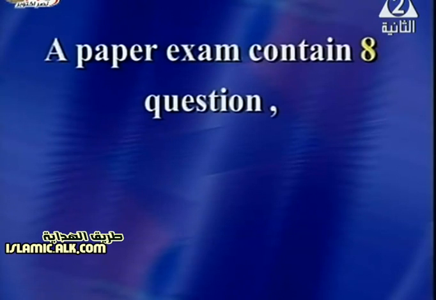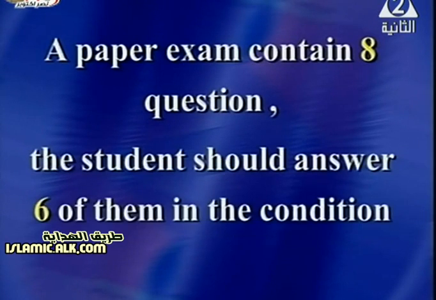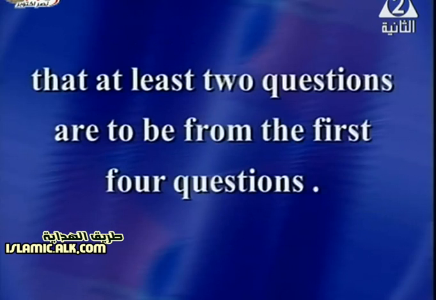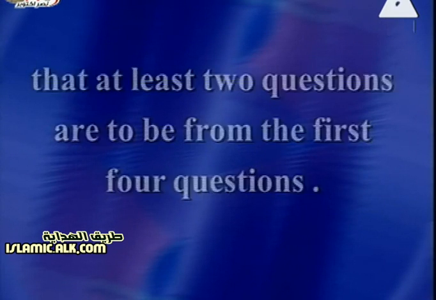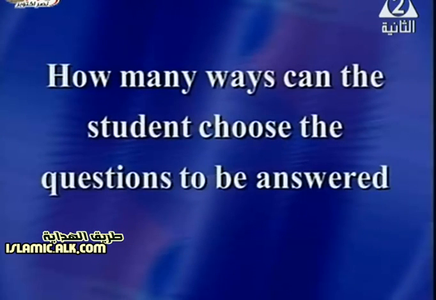A paper exam contains 8 questions. The student should answer 6 of them, on the condition that at least 2 questions are to be from the first 4 questions. How many ways can the student choose the questions to be answered?